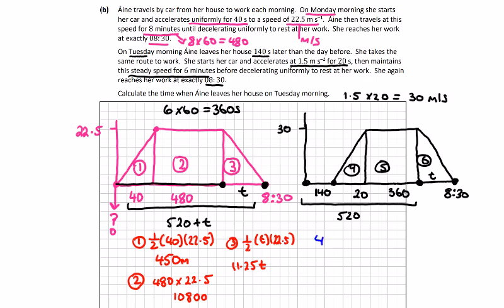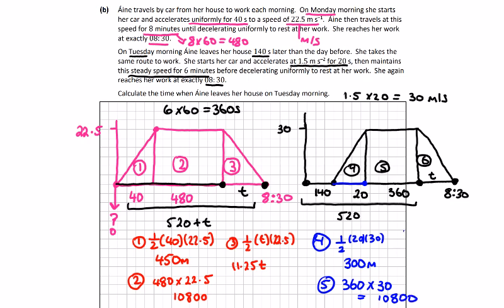Number 4 is half the base, 20 seconds, by the height of 30, so 10 by 30 is 300. Number 5, 360 by 30, which is 10,800.